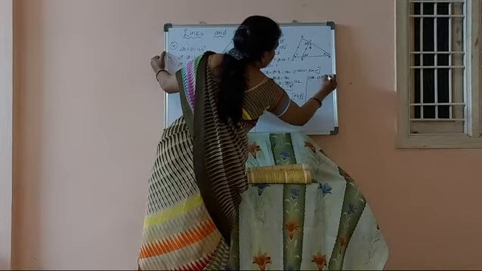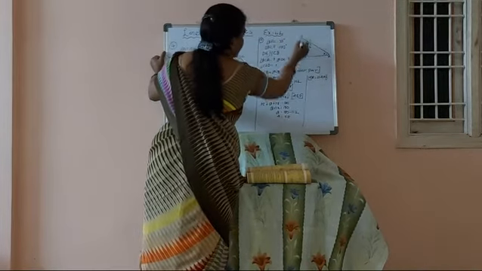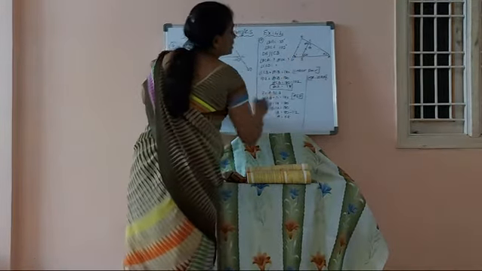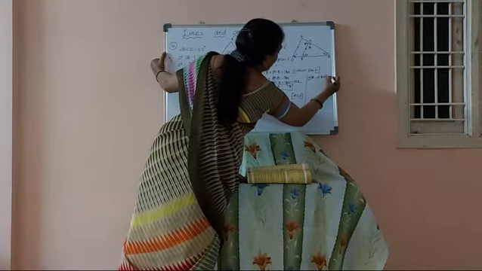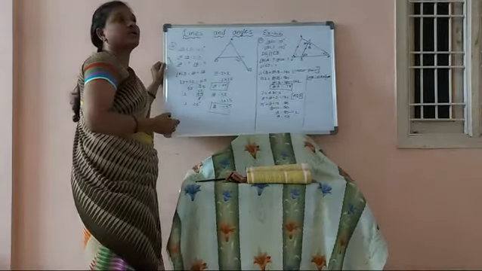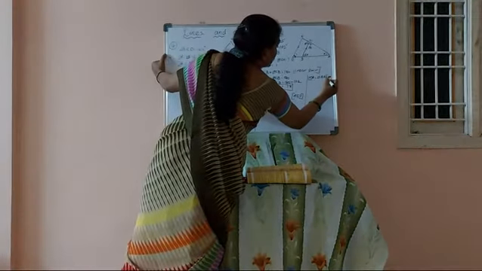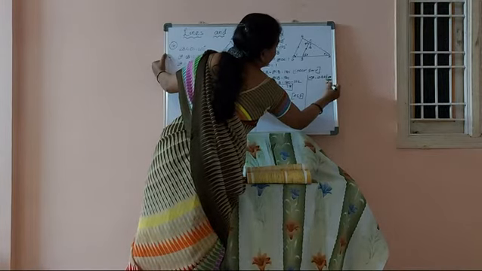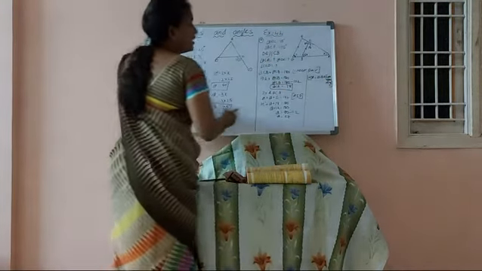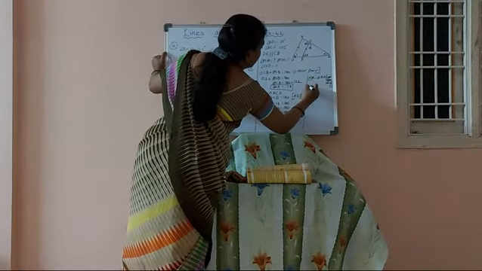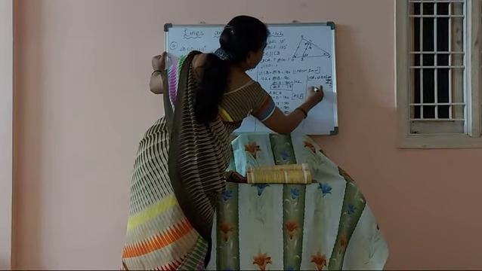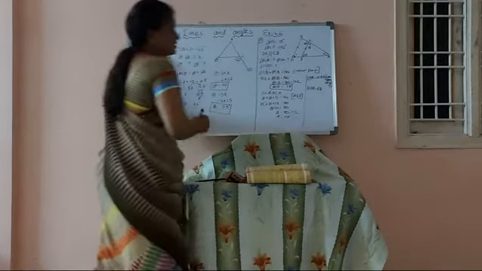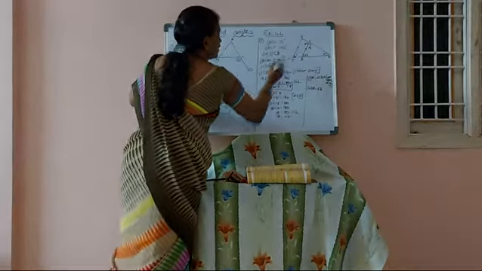Because those are corresponding angles. If two lines are parallel, corresponding angles are equal. So angle EDA is equal to 68 degrees.